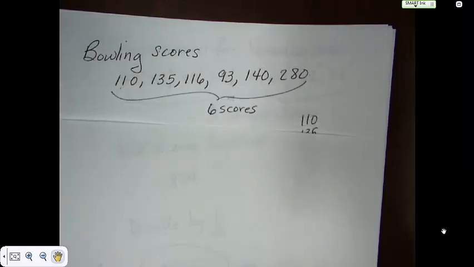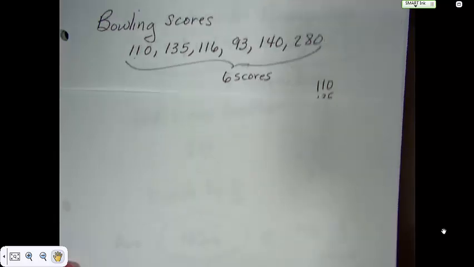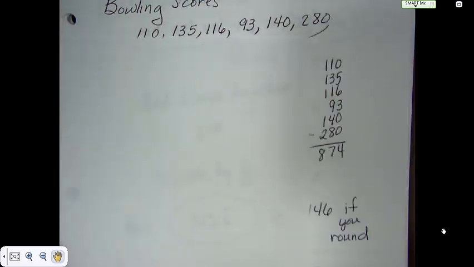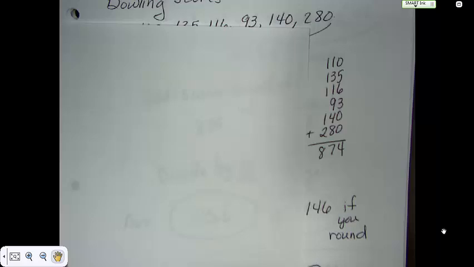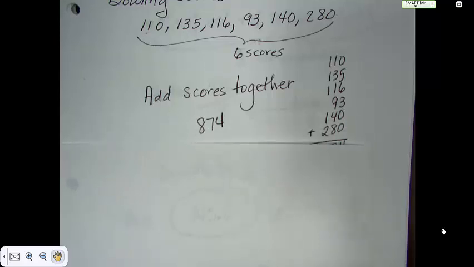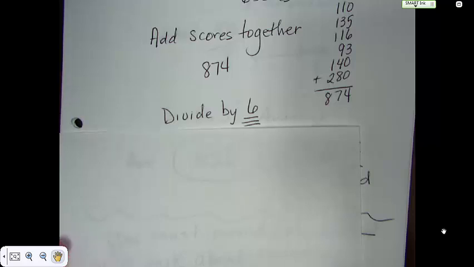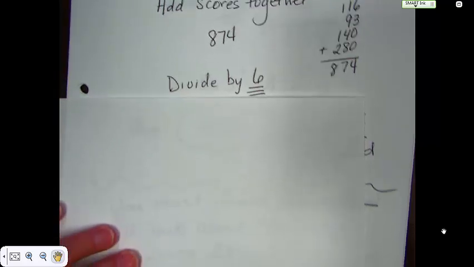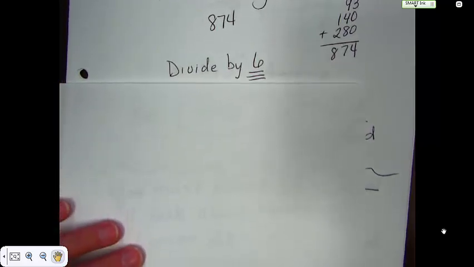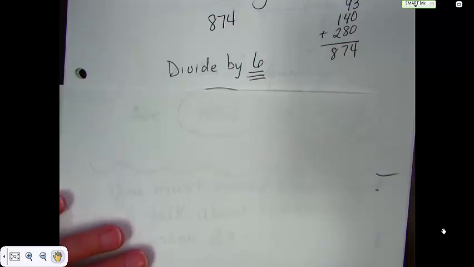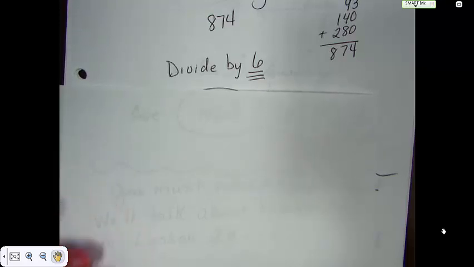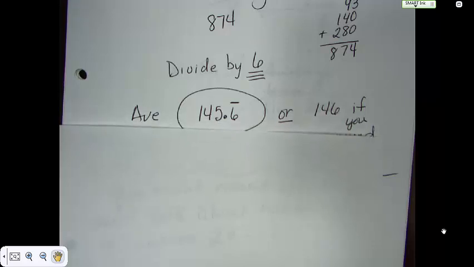You have 6 scores there, and as we did before, we would add up the scores, and when you add them up, you get 874. And then once we've added the scores together, we would divide that by 6 to get our average score. This would be your score, and sometimes they talk about handicaps. Sometimes this average score helps them to figure your handicap.